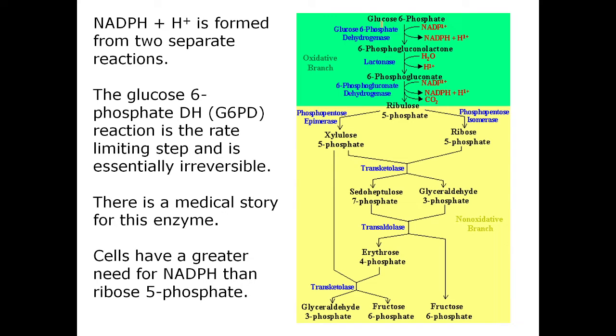In the first reaction, glucose 6-phosphate, with the help of glucose 6-phosphate dehydrogenase, gets converted into 6-phosphogluconolactone. Whenever we say dehydrogenation reaction, it is a redox reaction. NADP plus gets converted into NADPH plus H plus ion, and the enzyme required is glucose 6-phosphate dehydrogenase.